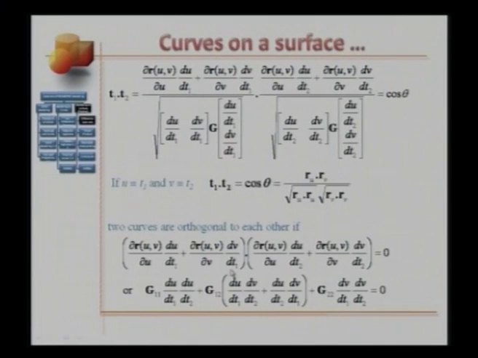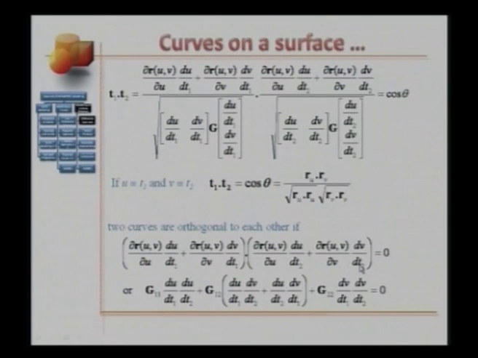Let me spell this out for you. Partial r over partial u times du over dt1 plus partial r over partial v times dv over dt1, dotted with partial r over partial u times du over dt2 plus partial r over partial v times dv over dt2.